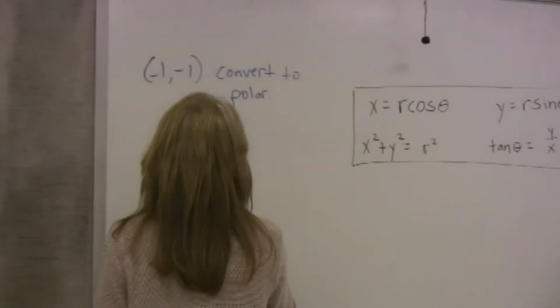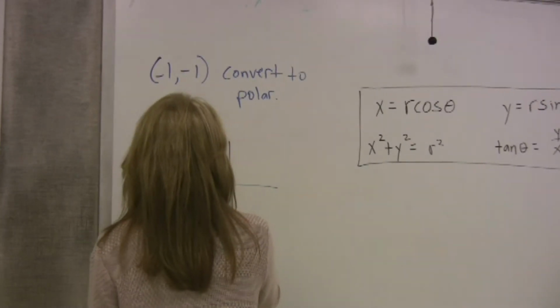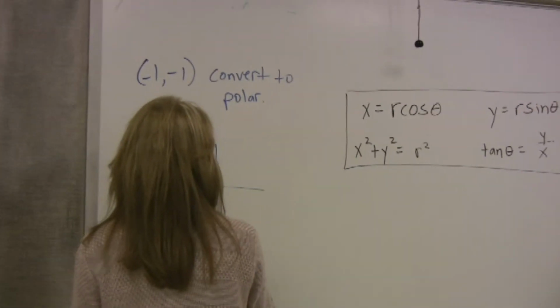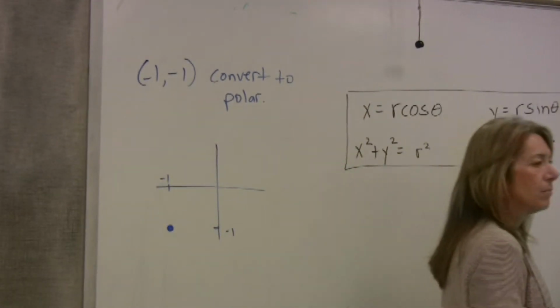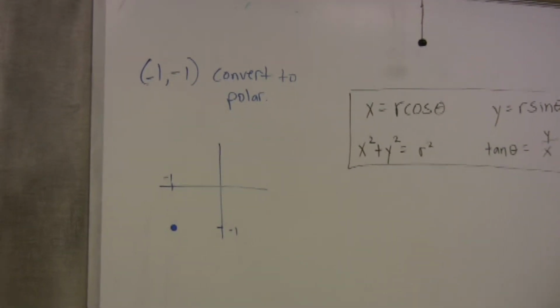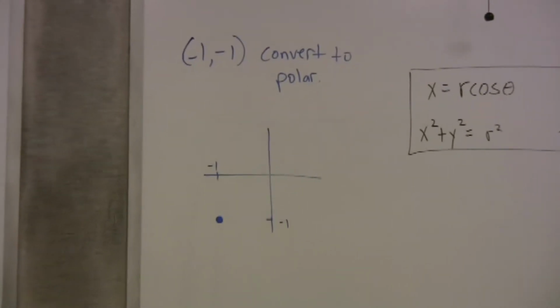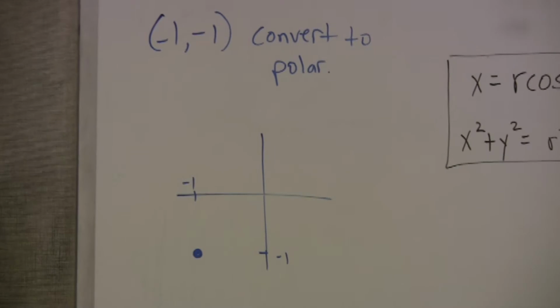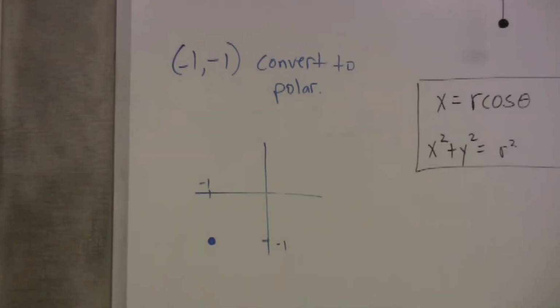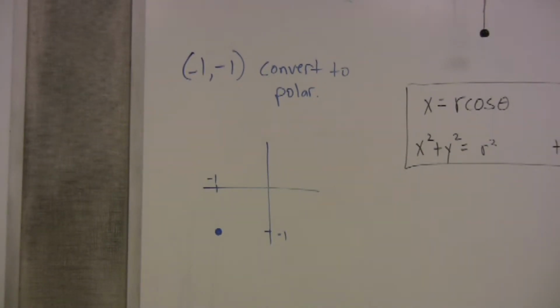Well, we'll graph (-1, -1). Here it is. Solve for r. Because if you're converting to polar, you need r and you need theta. How can I solve for r?